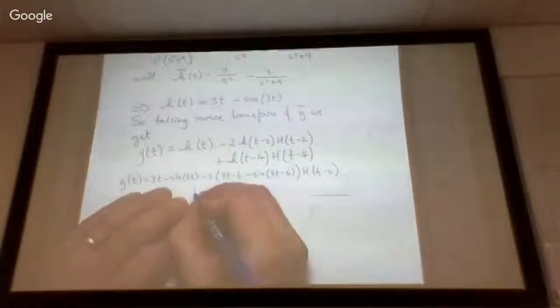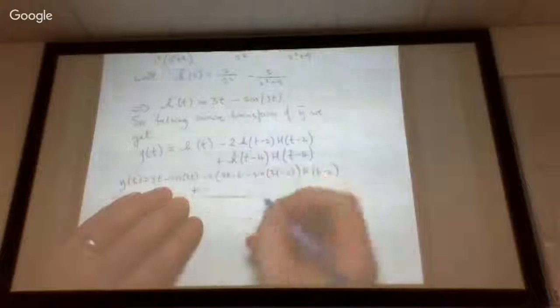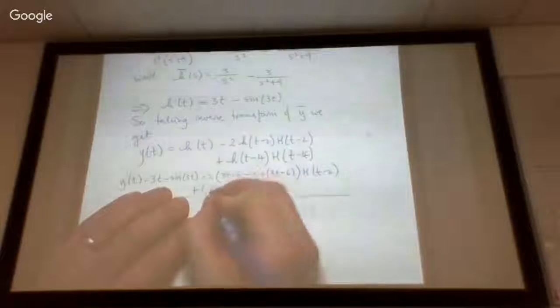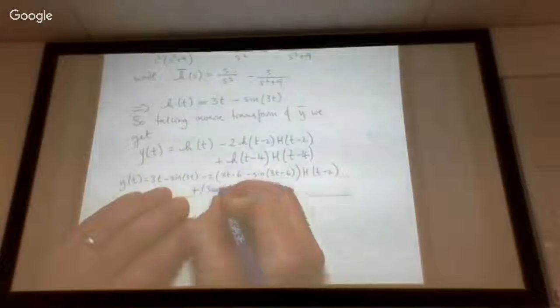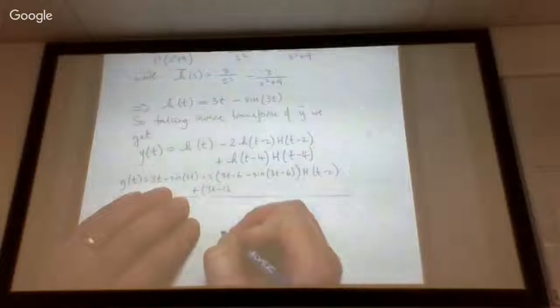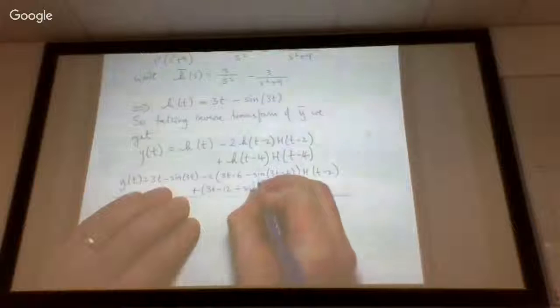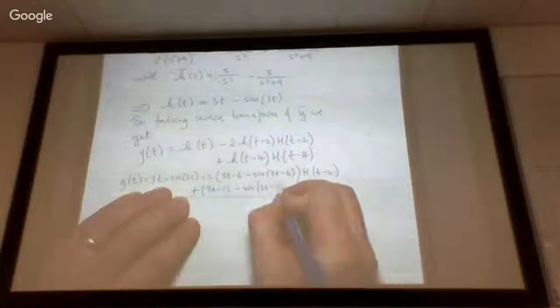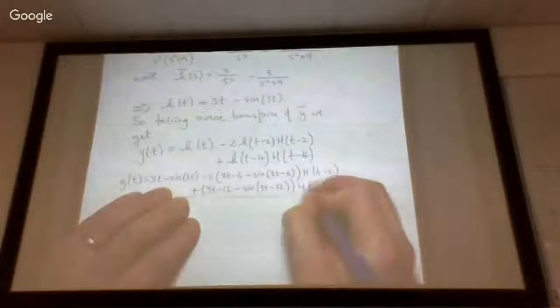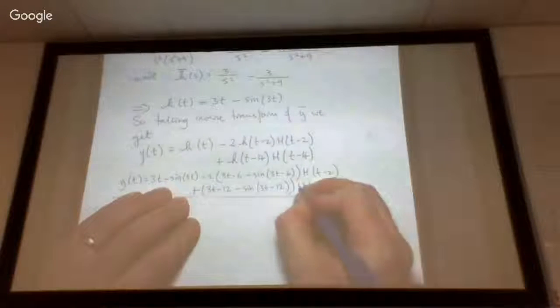And then lastly, you have the corresponding thing, but this time taking place at t minus 4. So 3t minus 12, minus the sine of 3t minus 12 again, and this time multiplied by the Heaviside h of t minus 4.